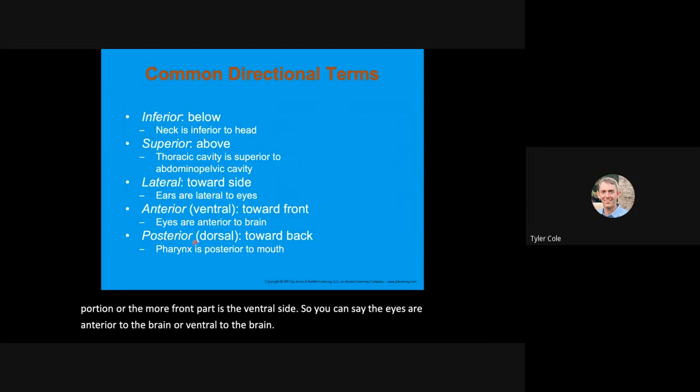Posterior also has the name of dorsal, which means towards the back. So your pharynx is posterior to your mouth. An easy way to remember dorsal is the dorsal fins of sharks, whales, dolphins, and so on.